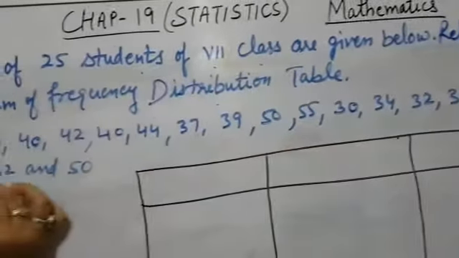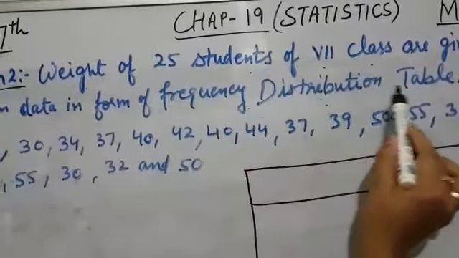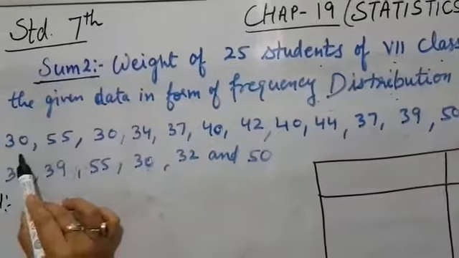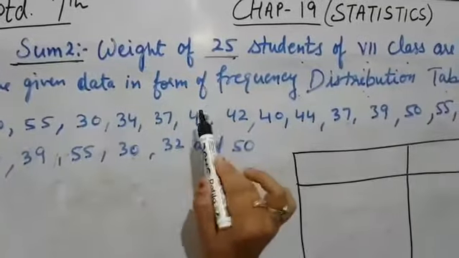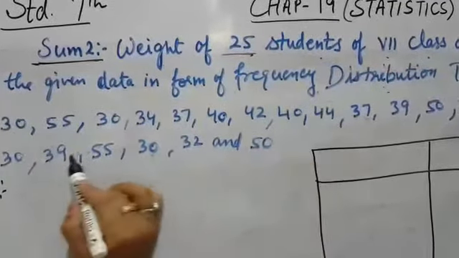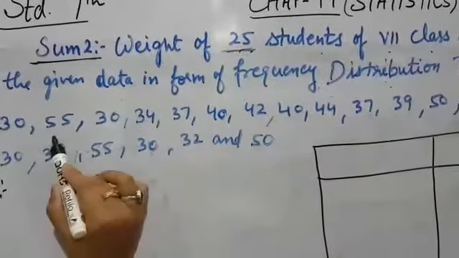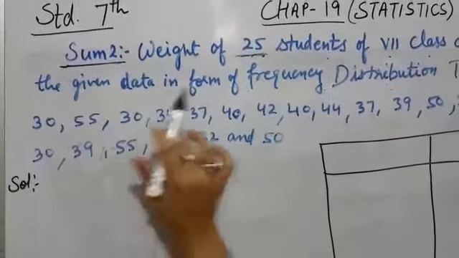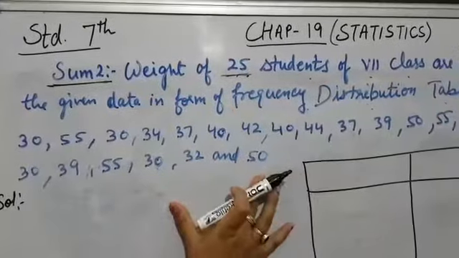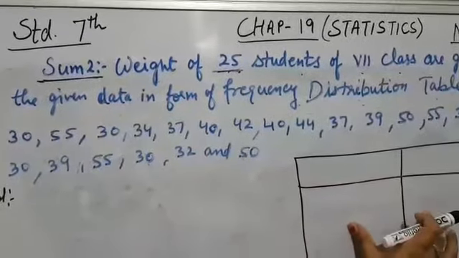Represent the given data in the form of a frequency distribution table. These are the weights of the 25 students in kg, as written in the statement. The weights of 25 students are given to us, which is not in array form, so we have to rearrange this data into a frequency distribution table.